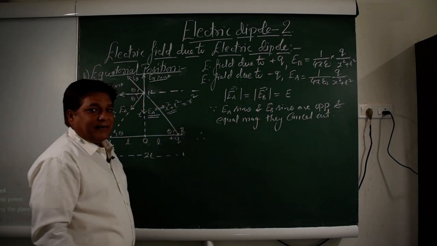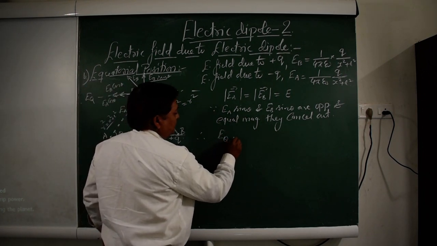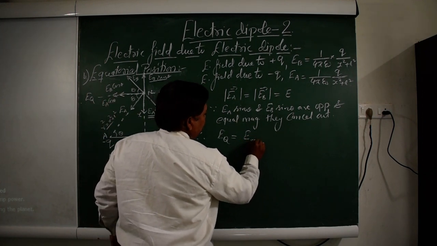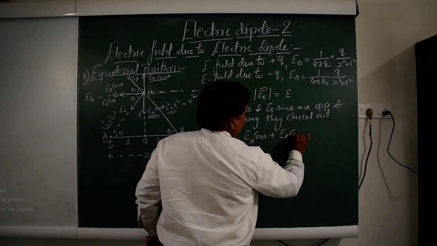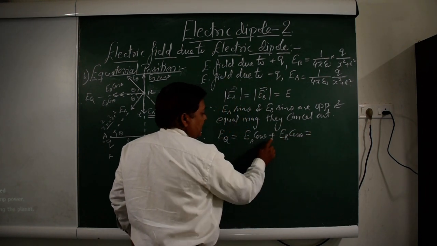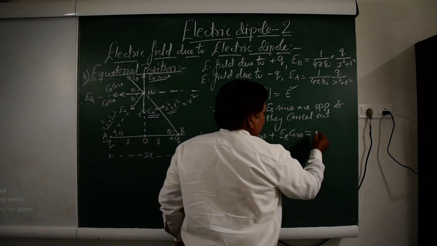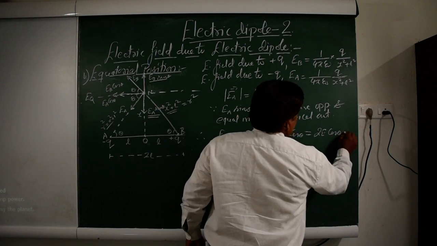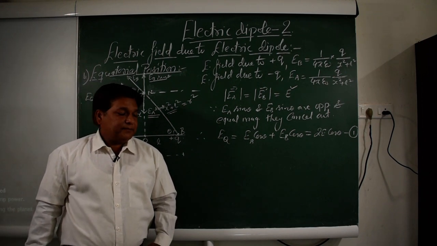Therefore, the resultant electric field EQ will be the sum of these two components, EA cos theta plus EB cos theta, and EA and EB are equal to E. So E cos theta plus E cos theta is equal to 2E cos theta. Let us suppose this is equation number 1.